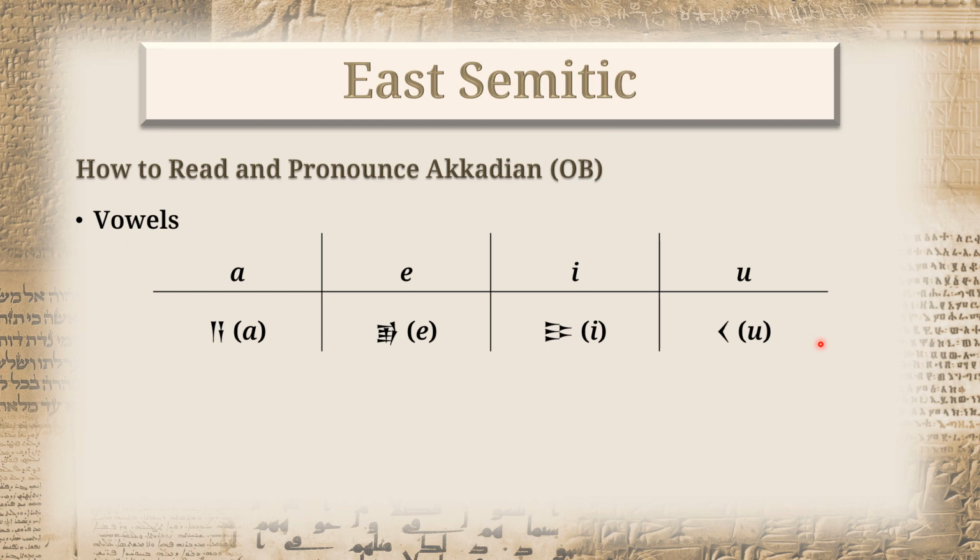So yeah, these are just the most common ways of writing these vowels. And I would say U number 2 and maybe also number 3 are even more common than this one. I just included this one because this is number 1. This is U number 1, defined as such by Assyriologists. Okay, so 4 vowels: A, E, I, U.